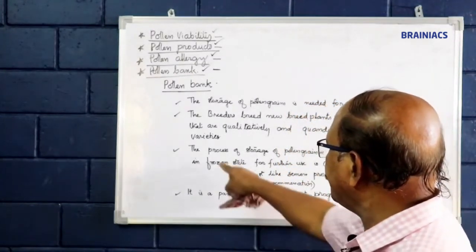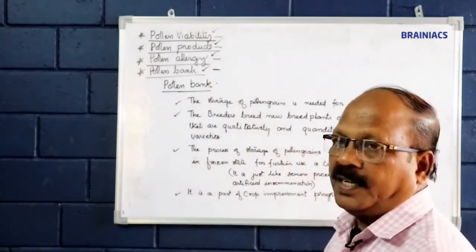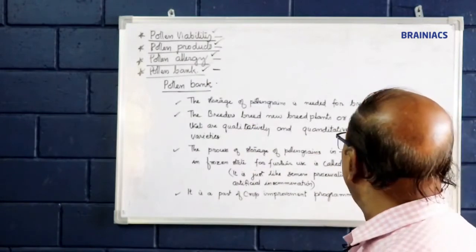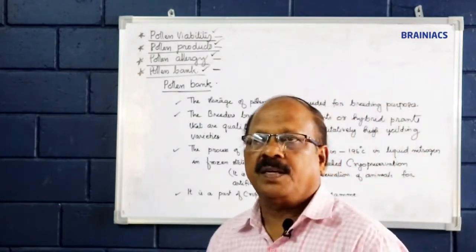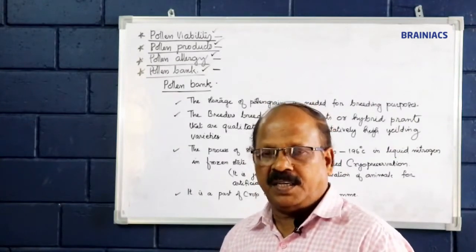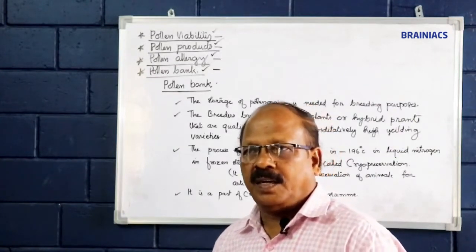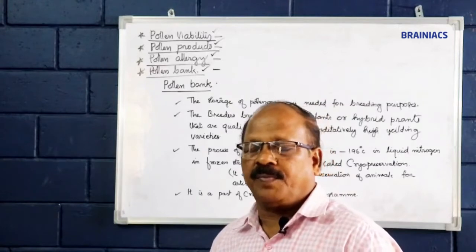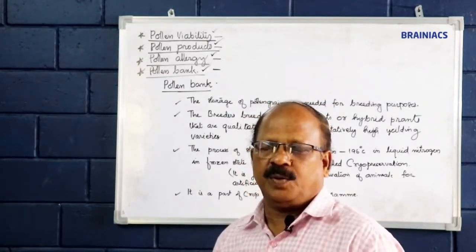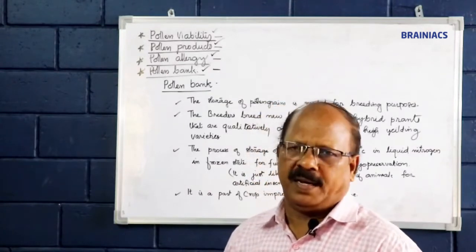Then pollen allergy, parthenium. Remember please, parthenium, that is carrot grass, highly irritating to those who are suffering from asthmatic or bronchitic allergy. You know, it causes allergy to man.